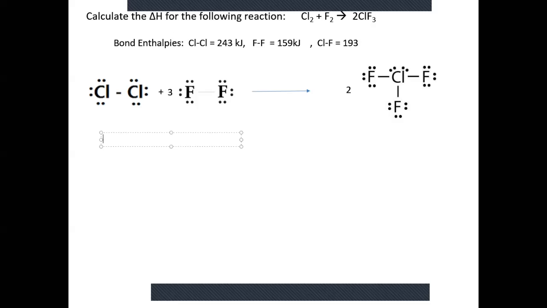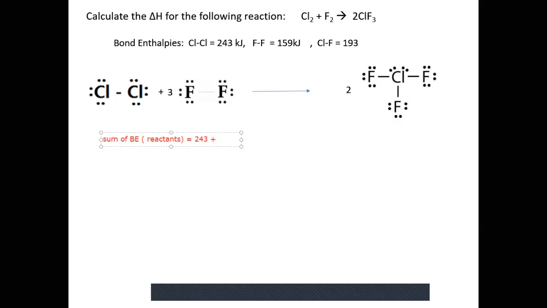So the sum of the bond energies of reactants equals 243 plus 3 times 159. That's 720.